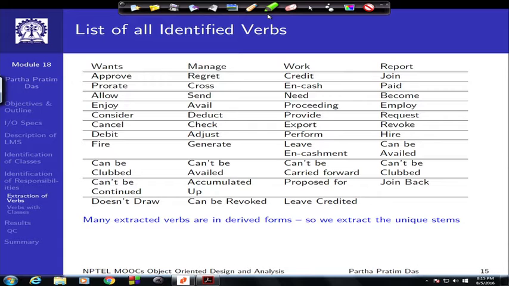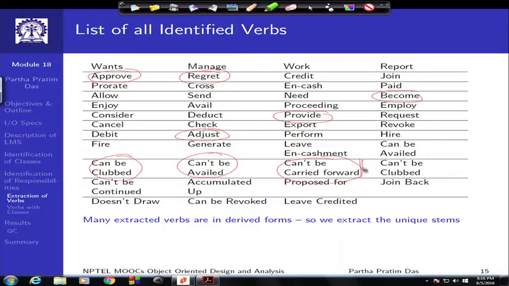There are interesting verbs like approve, regret, adjust, and as I said there are a lot of auxiliary combined verbs, the negative actions, and certainly verbs which are more connective like become and provide. So, all kinds of verbs actually come in as you do the analysis.